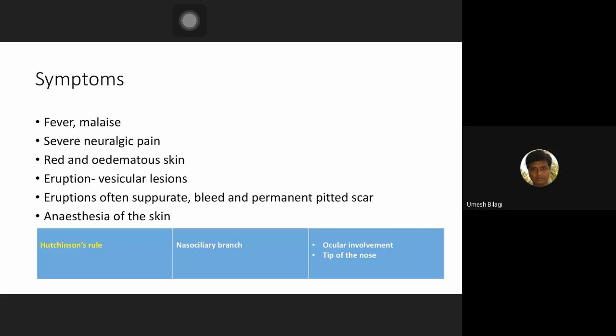The involved dermatome will become anesthetic. As we discussed earlier, Hutchinson's rule: there will be involvement of the nasociliary branch, which supplies the eyeball and also the tip of the nose.